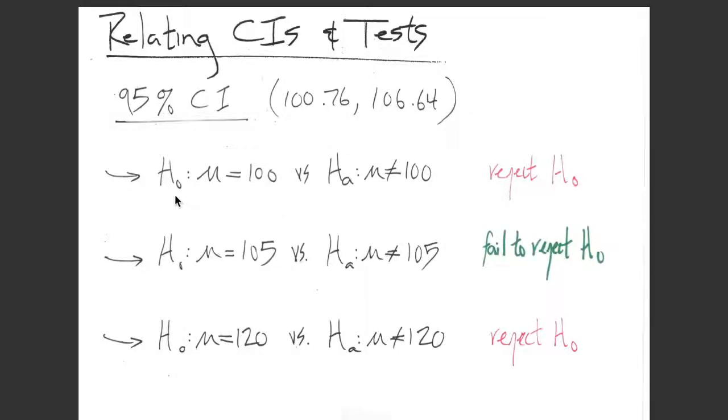That is, again, just repeating, for mu equal 100, we're going to reject the null because it's not in the confidence interval. For mu equal 105, we're going to fail to reject the null because it is in the confidence interval. And for mu equal 120, we're going to again reject the null hypothesis because it's not in the confidence interval.